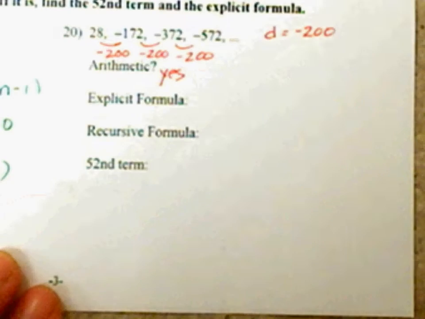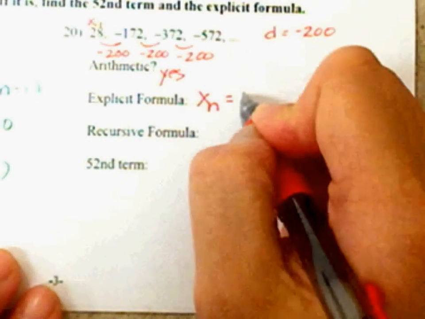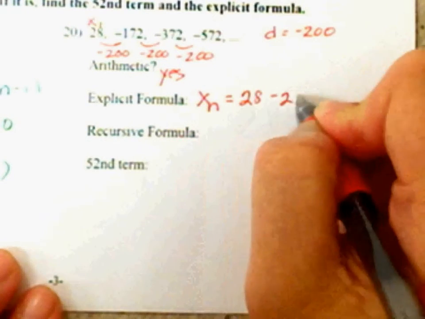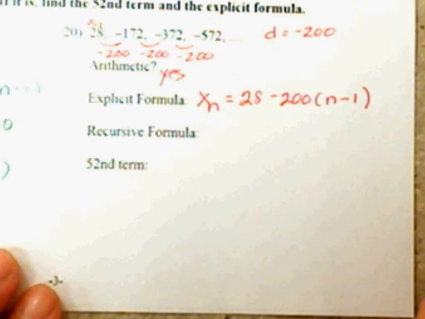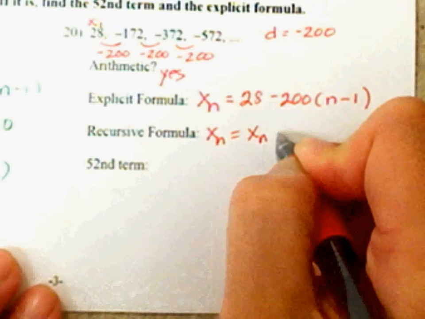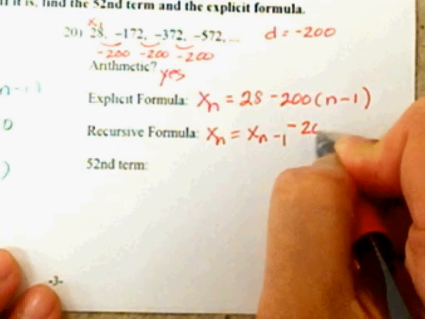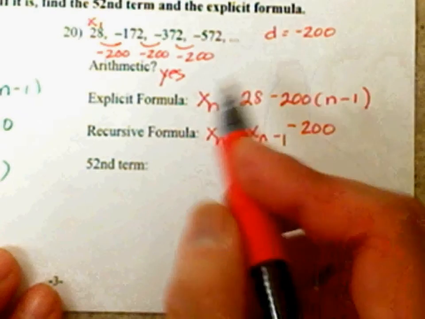Write the explicit formula. Remember, this is your first term right here. So you're going to have xn equals 28 minus 200 times n minus 1. Your recursive formula, xn equals xn minus 1 minus 200. So I can start anywhere. That's the general equation.